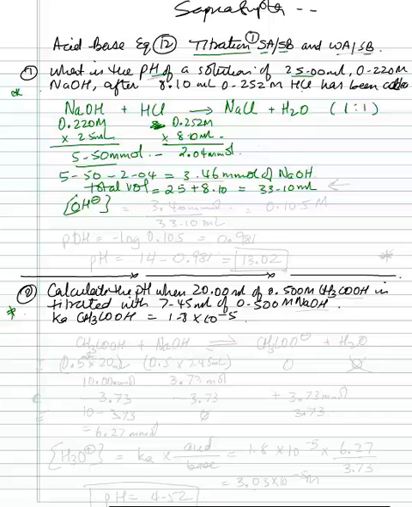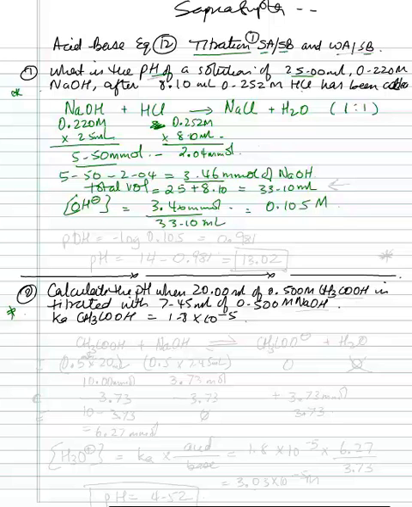Sodium hydroxide is in excess. So 3.46 millimole divided by 33.10 milliliter is equal to 0.105 molarity. The milli is going to cancel out, so that's moles over liter.